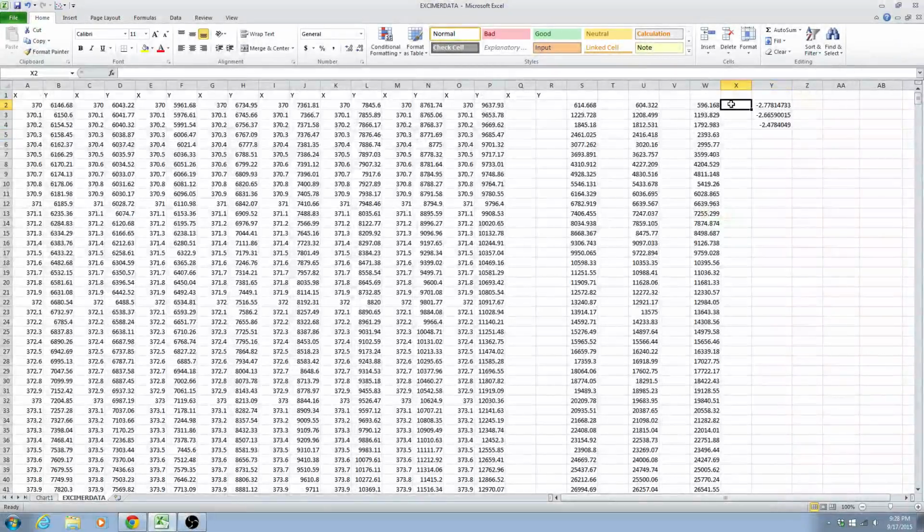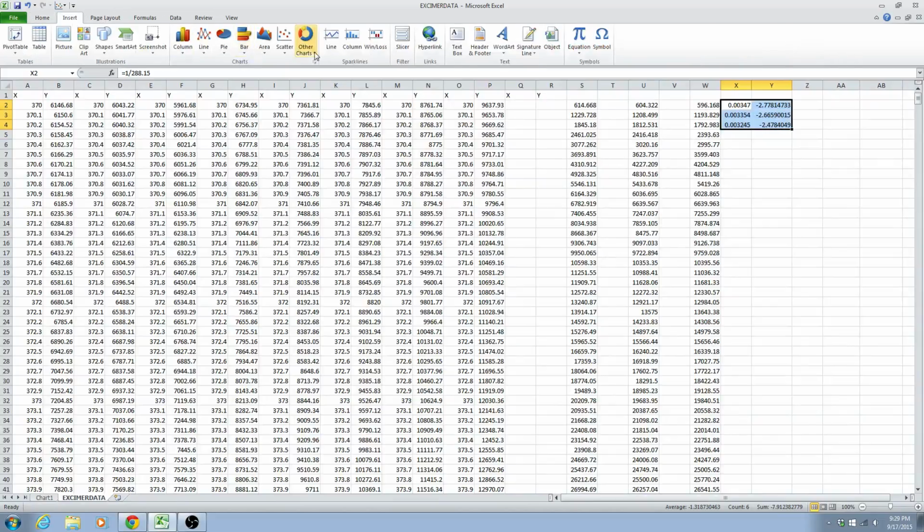Then I'll just put it in this column, the temperatures in Kelvin, 298 and 308. And then I should just be able to plot these.